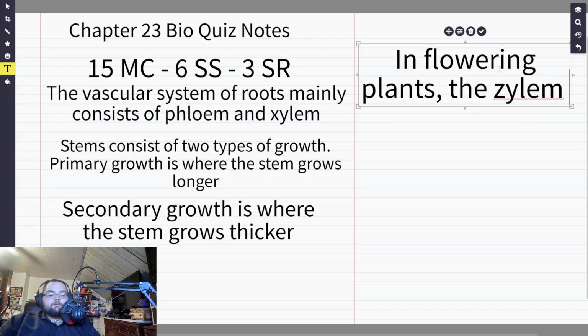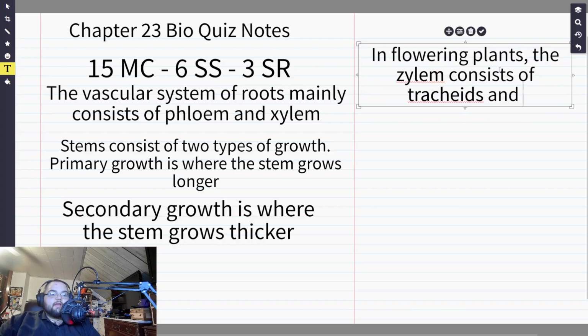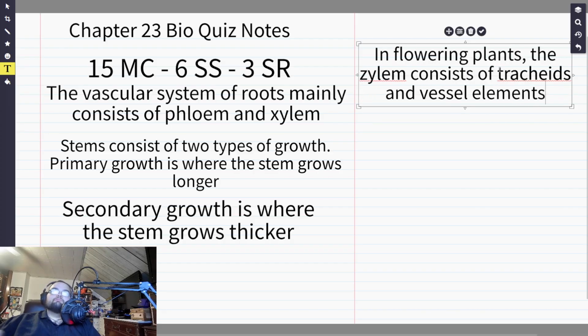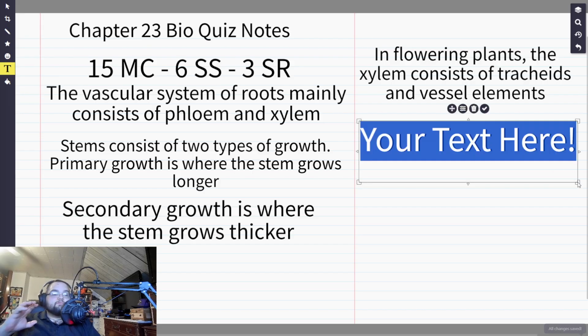The xylem consists of tracheids and vessel elements. Oh, misspelling right there on xylem. Make sure that's correct. Tracheids. That's correct. So in flowering plants, xylem consists of tracheids and vessel elements.